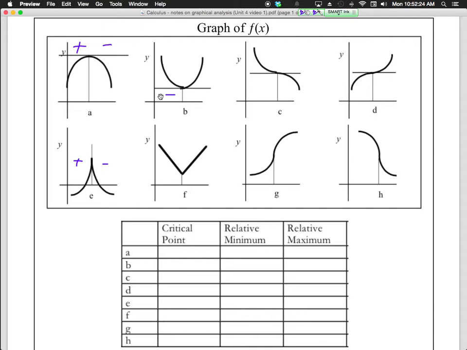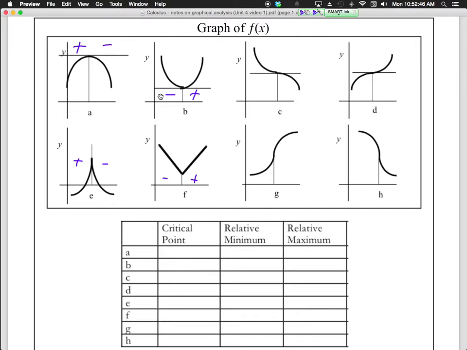And on the right side, my function is increasing, which means my derivative is positive on both of those. So we're going to justify a relative minimum by saying what? f prime of x changes from negative to positive.